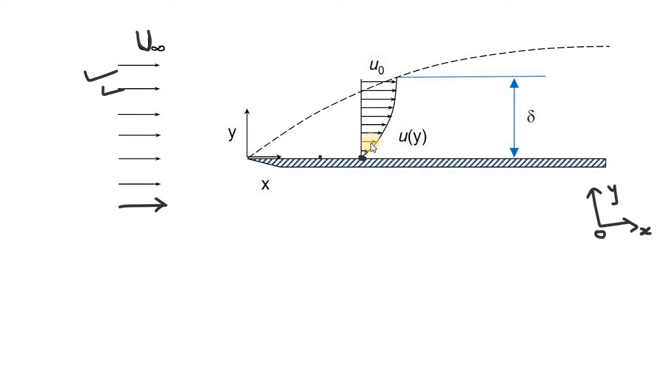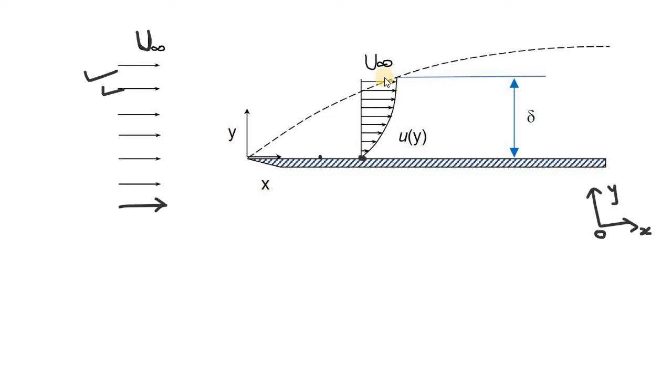And likewise, if you move in the vertical direction, the fluid layers will try to attain their maximum velocity, which is actually u infinity. So there will be a distance, let us suppose this distance is delta, from the surface of the plate along the y direction.